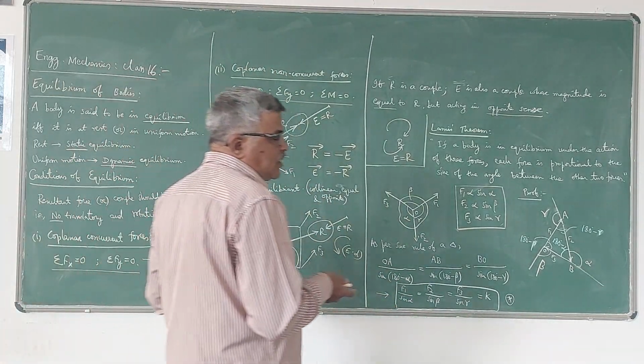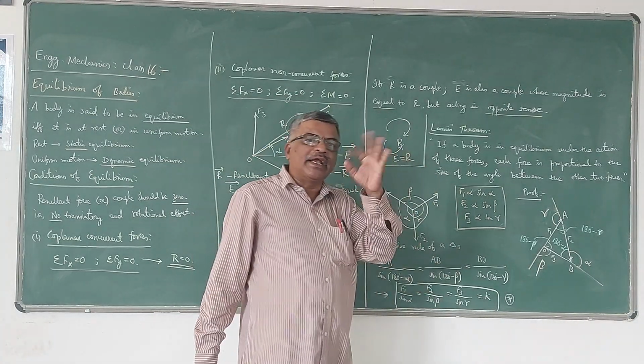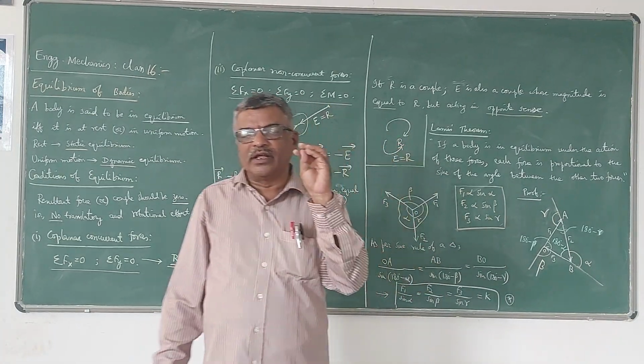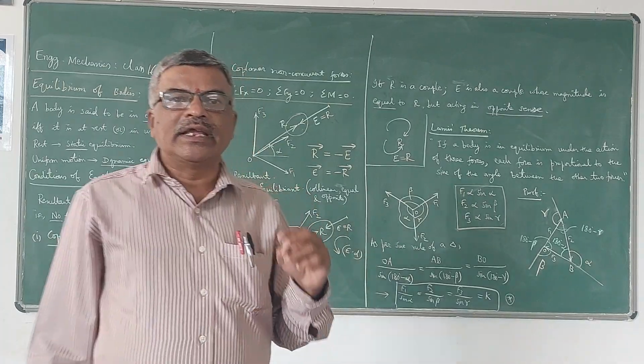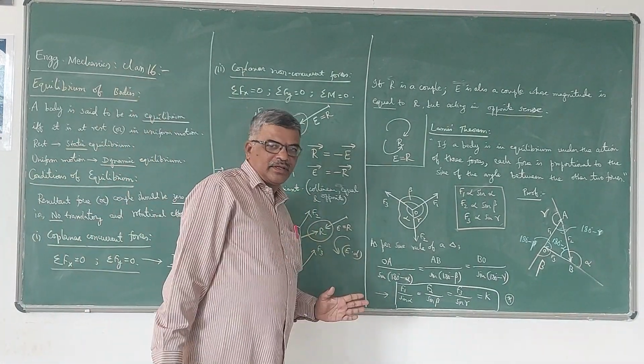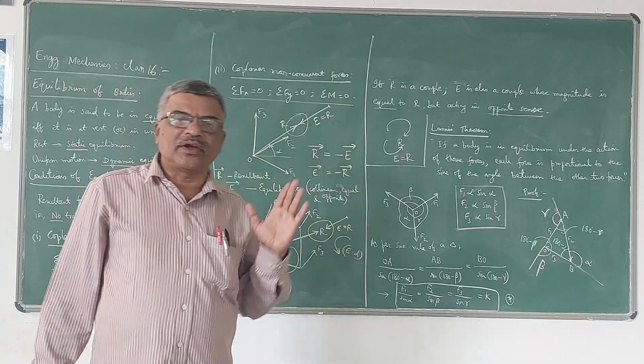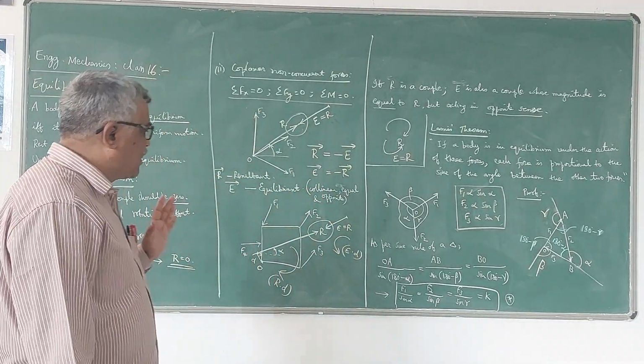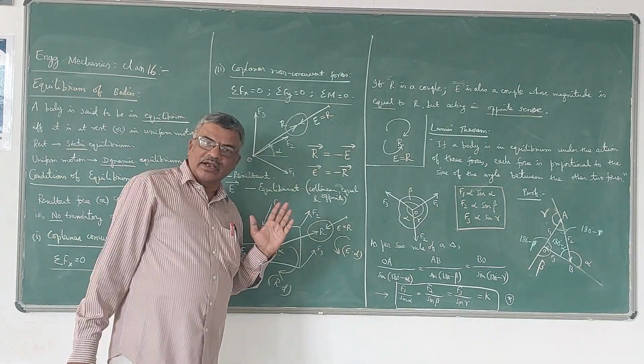So in any problem, if they ask you to find the equilibriant, please note the point here. What you have to do is find the resultant as usual, whether it is concurrent or non-concurrent, using the same procedure I have explained in the earlier classes.